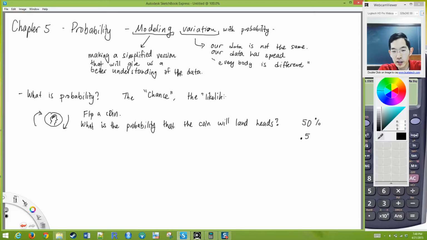But we are all talking about the same thing. When I say the coin has a 50% chance that it lands on heads, or the coin has a 50% likelihood that it lands heads, or the coin has a 50% probability that it lands heads, what am I asking? We're essentially asking the same question with 3 different synonyms. What does that mean?